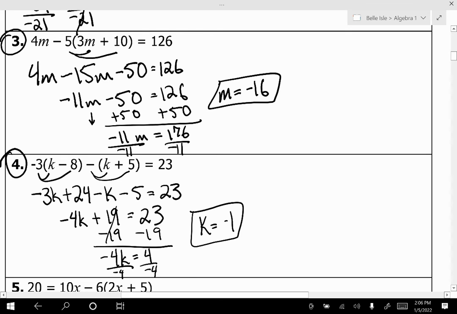Okay, I'll leave 4 up here for a little bit longer. Make sure you're working on 9. Once you finish 9, you can move on to 10.